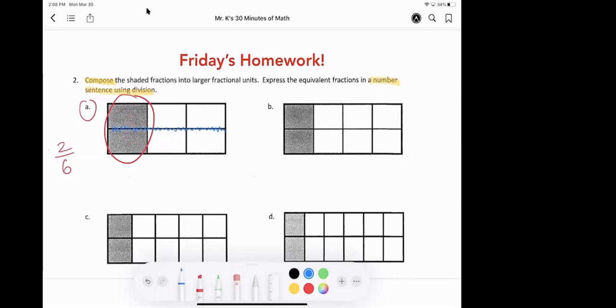Now, without that line, we have 1 here shaded, 2, and 3. It would look like this without that line in the middle.